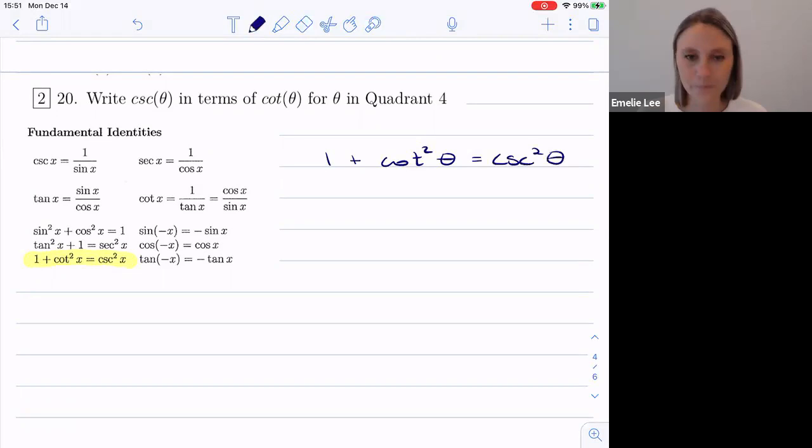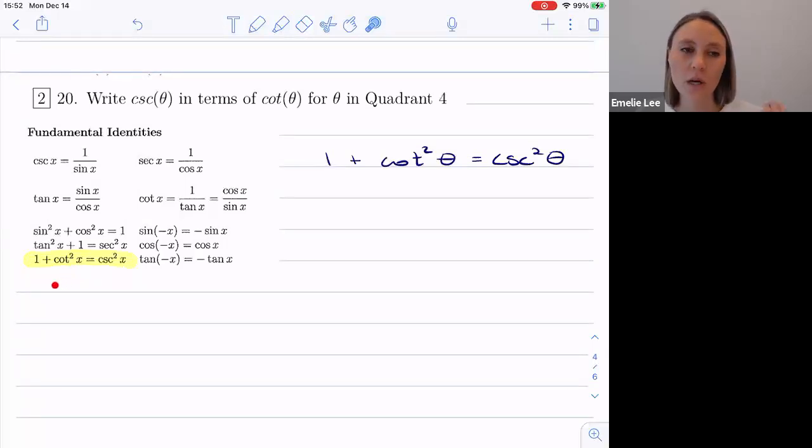Now, one thing we need to remember for trig functions is that if they're squared, cotangent squared theta is the same as cotangent theta times cotangent theta. So this square behaves exactly the way you want it to.